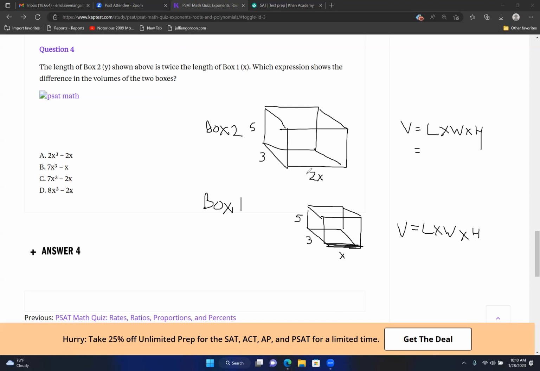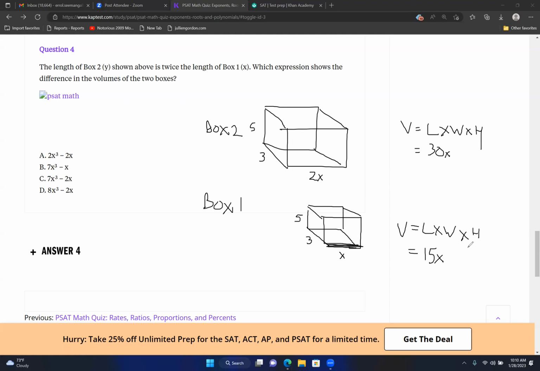Just multiply these: 2x times 3 times 5. That's 30x, right? So what's the volume of this second one in terms of x? 15x. Okay, so now that's the volume.